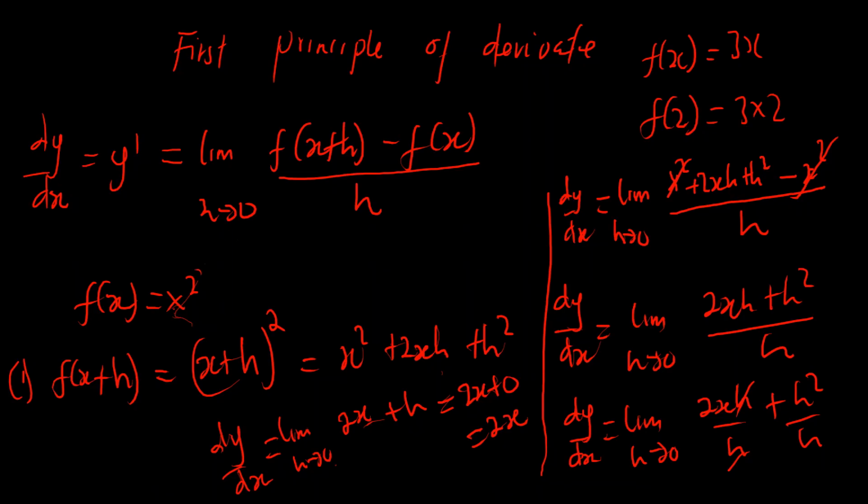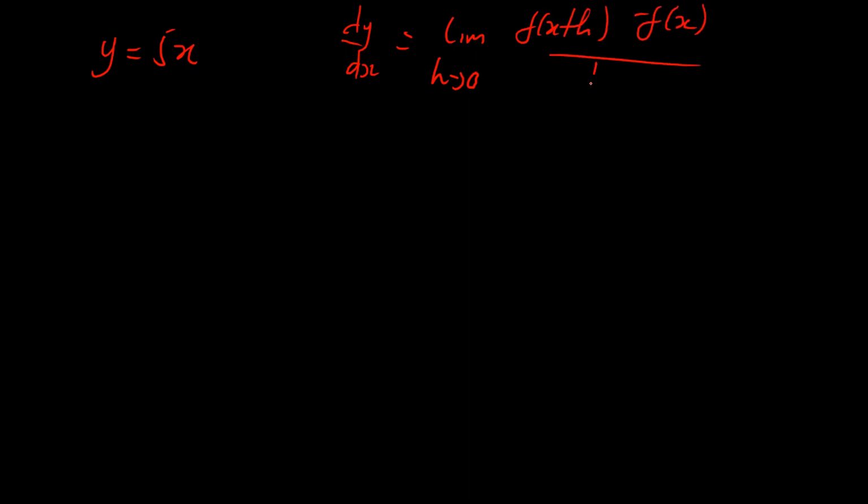Let's take another example. We have to obtain from the first principle the derivative of y equals 5x. Now it states that dy dx equals limit as h approaches 0 of the function f of x plus h minus f of x all over h.